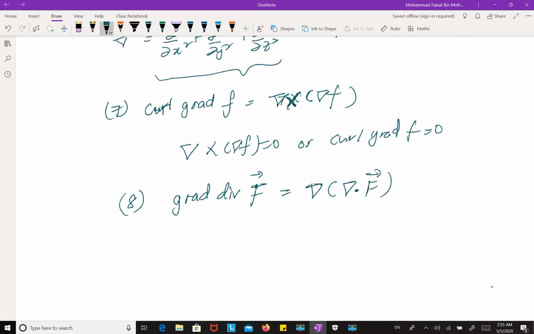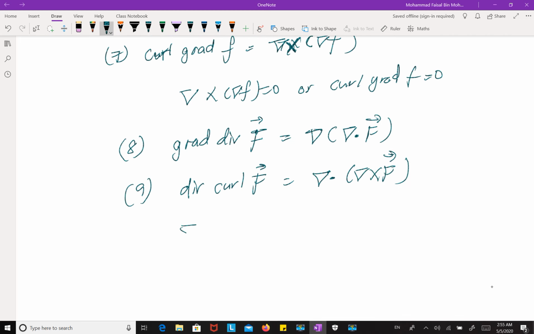Then 9, divergence of curl F, same as del dot curl F. So we can write curl F equals 0, or divergence of curl F equals 0. Okay, curl.